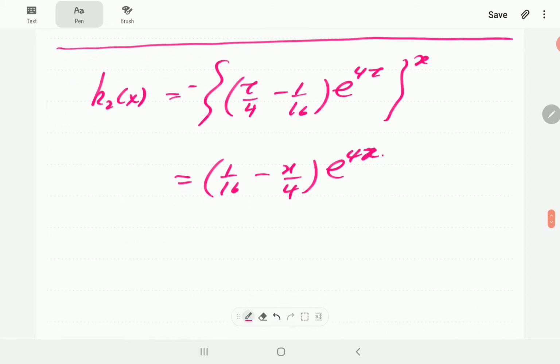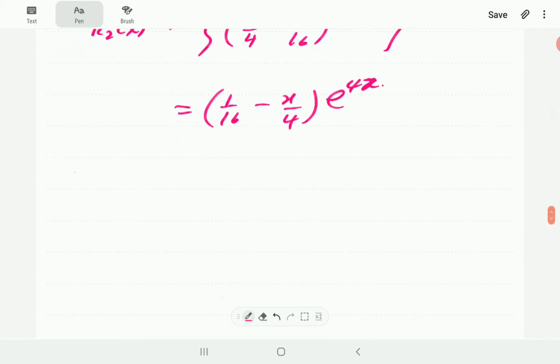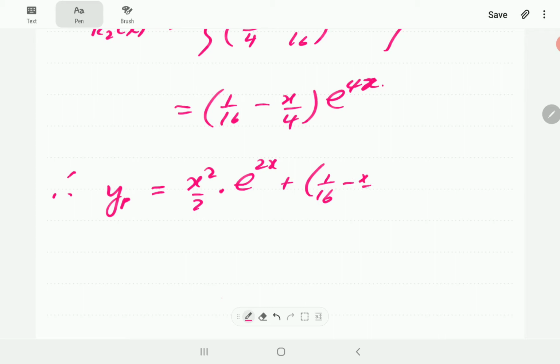So the particular integral is going to be k1, which was x squared over 2, times y1, which is e to the 2x, and then k2, which we have just derived, x over 4, and then times y2, which is e to the 2x.